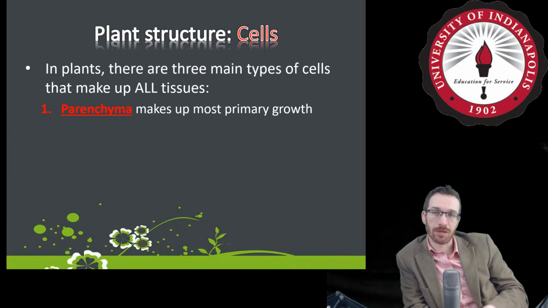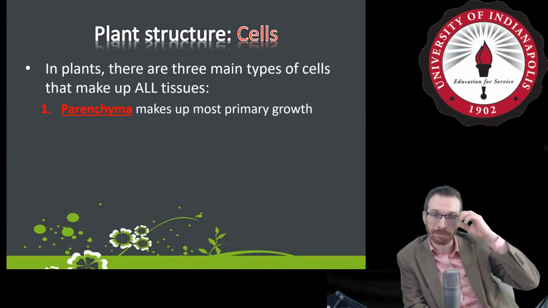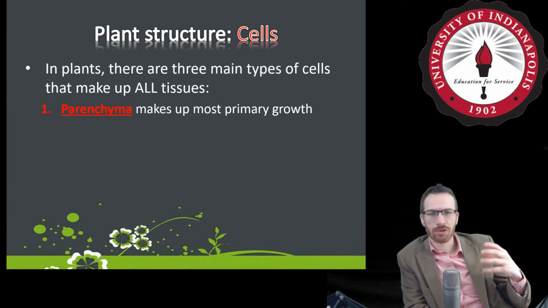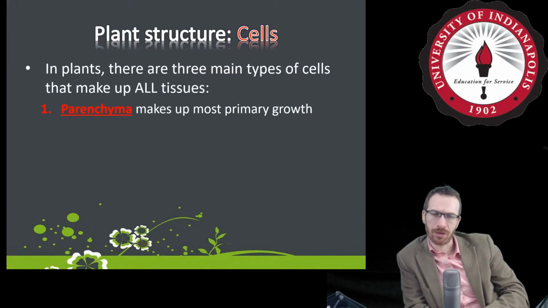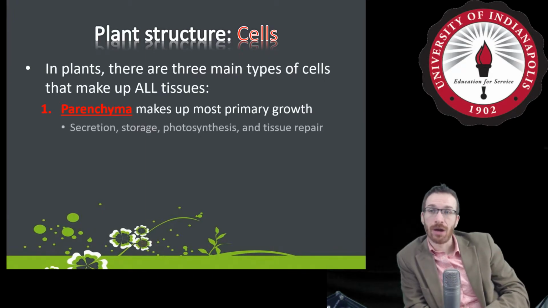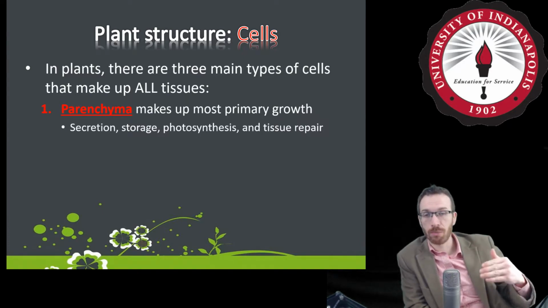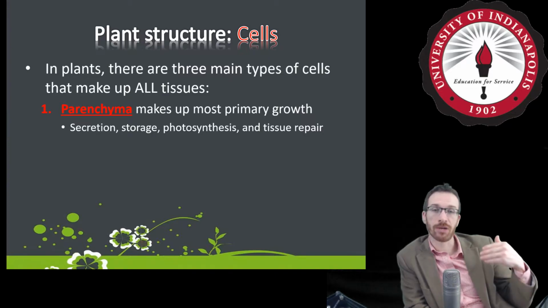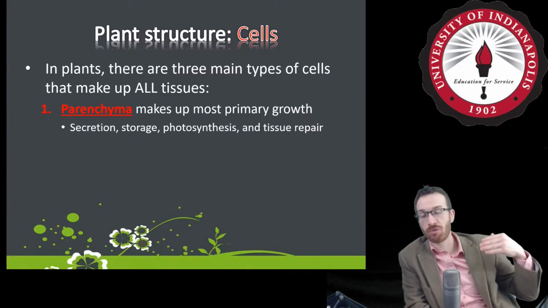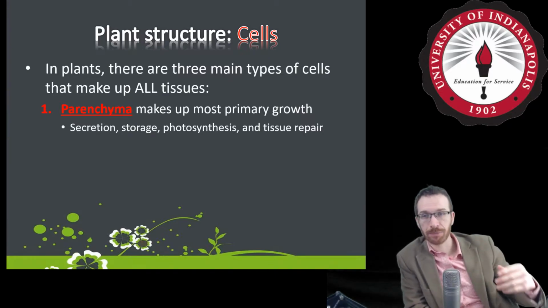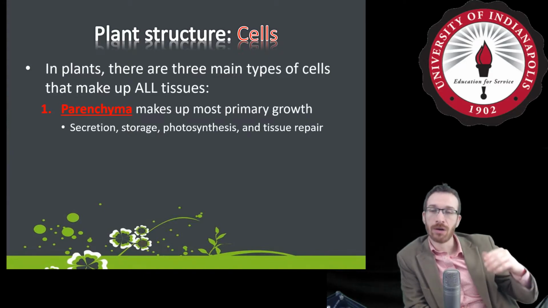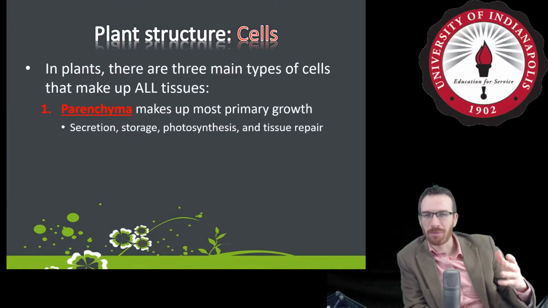These are going to be herbaceous parts of plants, basically green, squishy parts of plants that go through photosynthesis. Parenchyma cells are going to be integral in photosynthesis. They're going to be integral in storage. They're going to be integral in secretion, tissue repair. Most of the activities of a cell are done by parenchyma cells.